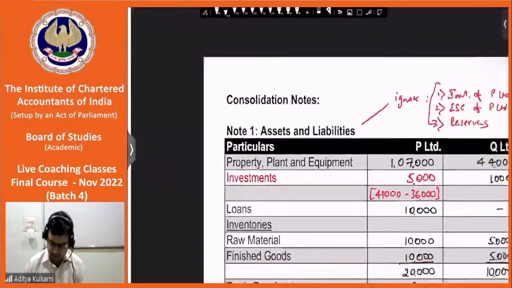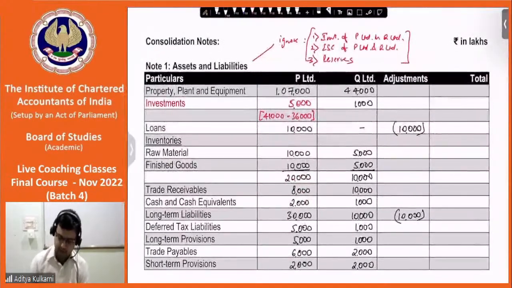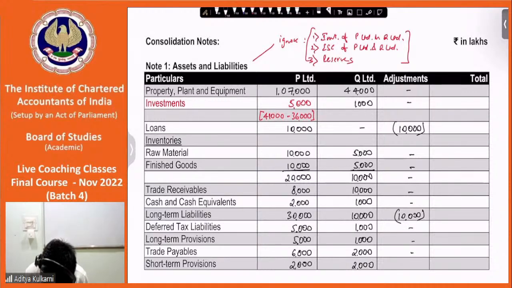Nothing else is left. Now just balance, total up, no other adjustments, at least at the moment. For this question, no other adjustments. So this is 1,51,000. 5 plus 1, 6,000. This becomes 0. 10 plus 5, 15. This is 15.